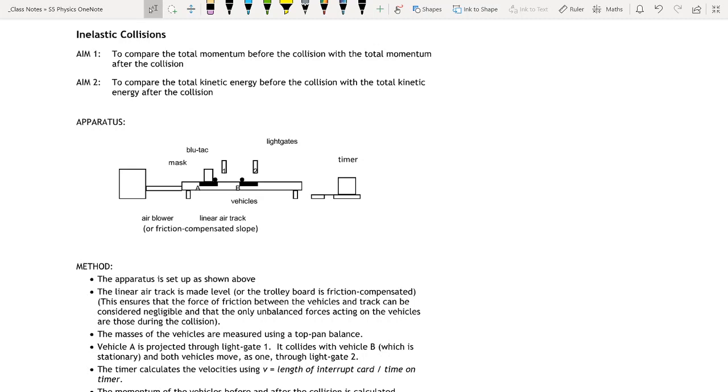Okay, so inelastic collisions, generally what happens is something moves along a track, so let's say this one, and there's one that's stationary. This moves along, and I'll show you in a second, hits that, and then they both move off together.